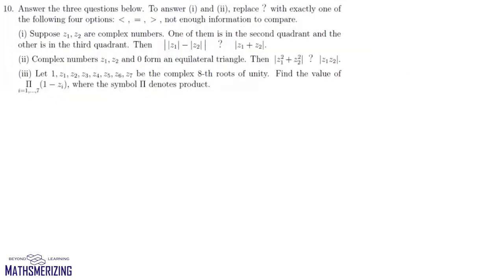Now question number 10 is, suppose z1 and z2 are complex numbers. One of them is in the second quadrant and the other one is in the third quadrant. Then we need to find the relationship between mod of (mod z1 minus mod z2) and mod of z1 plus z2. Now what we can do is we can write mod of z1 as mod of z1 plus z2 minus z2, and we know that this is always less than or equal to mod of z1 plus z2 plus mod of minus z2.